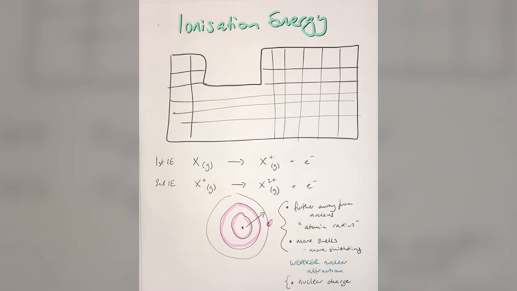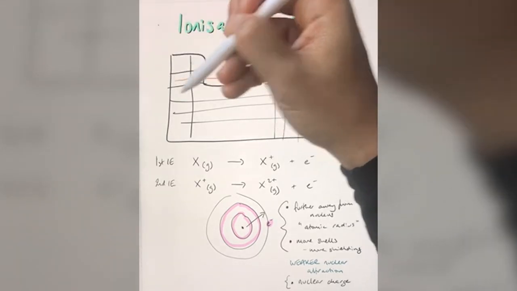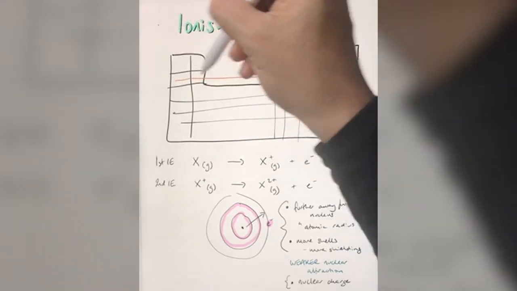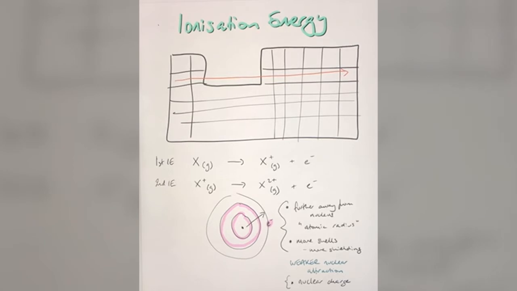So, for example, you might be asked about how the first ionization energy changes as you go across a period. Because we're in the same shell going across a period, there'll be the same amount of shielding, so there's no change from shielding overall.